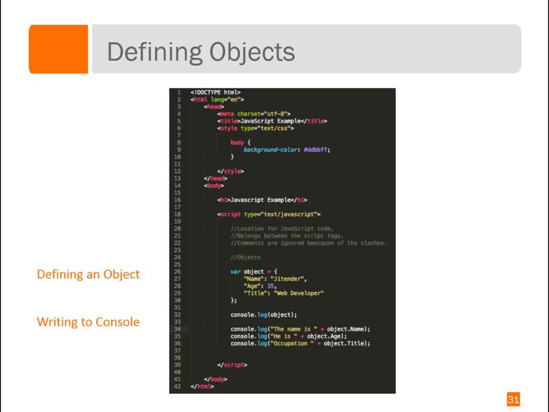Then console log, he is, and we expect it to fill object age with 35. And then for the third statement there, occupation, we expect to read out as web developer. So basically we have these 3 objects that we've defined, the name value pairs that go with them, and then we can write those out to the console.